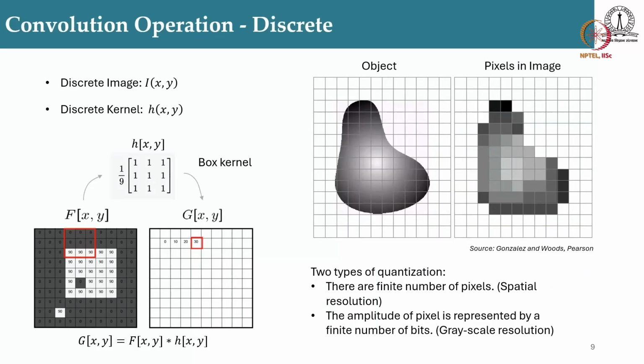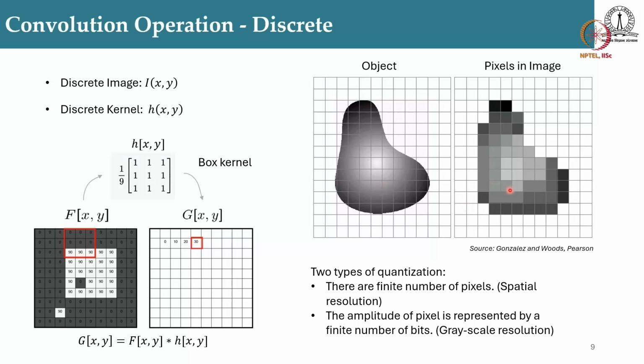Again, coming back to why discrete: the images are discrete in nature. It's not a continuous field. This is just the representation of that. Say you have an object which is mostly continuous in nature, but when it aligns with the sensor array, which has discrete sensors arranged in a grid, each sensor element will collect the intensity and assign it in a discrete fashion.